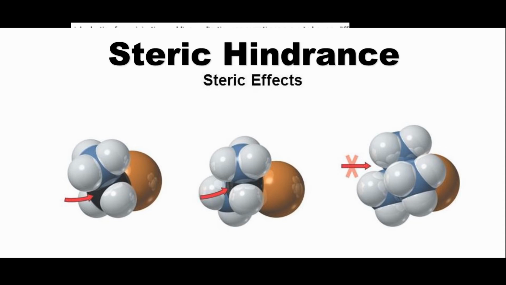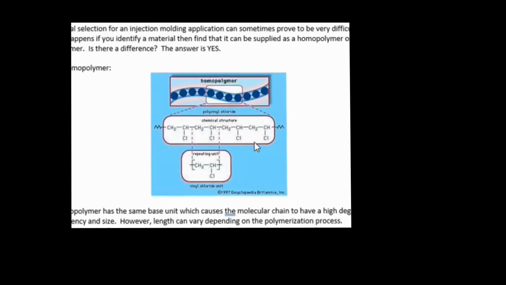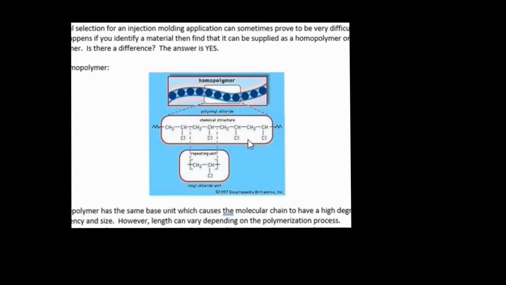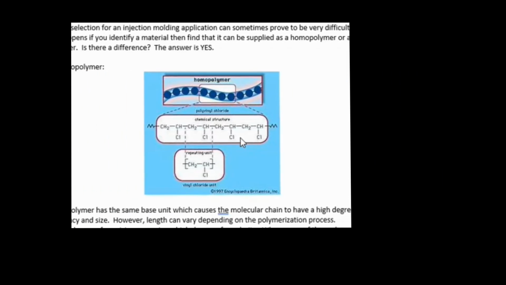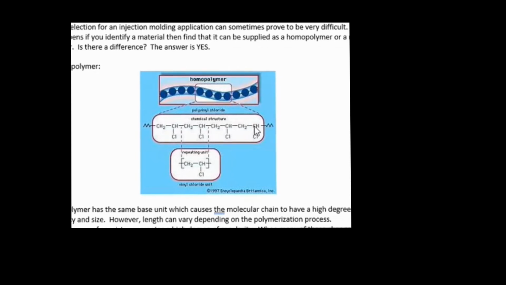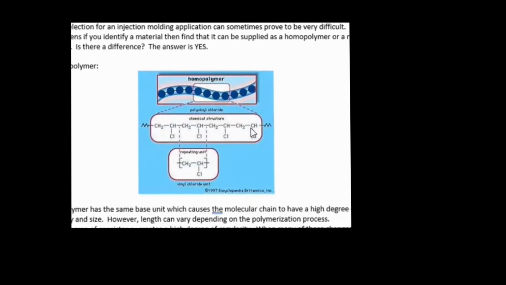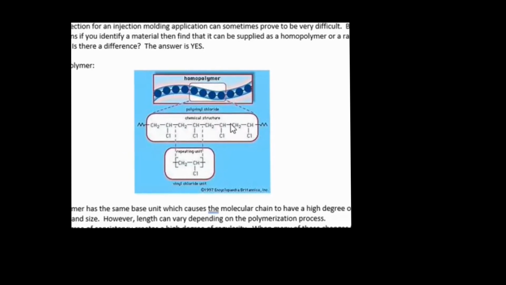It's called steric hindrance, S-T-E-R-I-C, hindrance, and they're basically just smashed against each other because they're just so darn big. They kind of protect the backbone, these carbon backbone molecules. So it creates a chemical resistance for the actual carbon backbone.